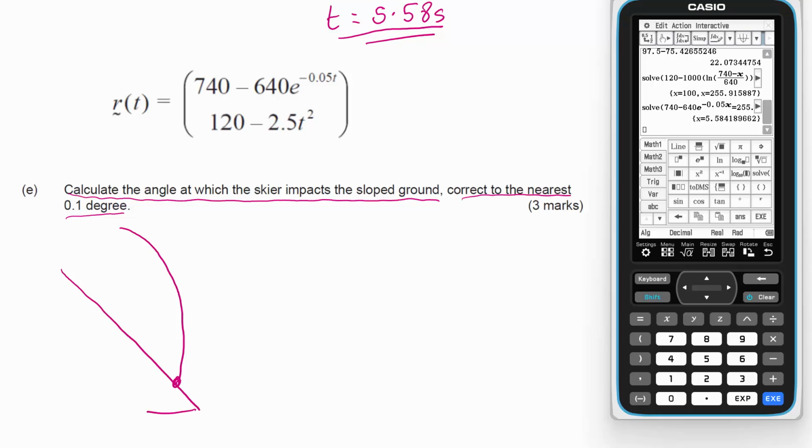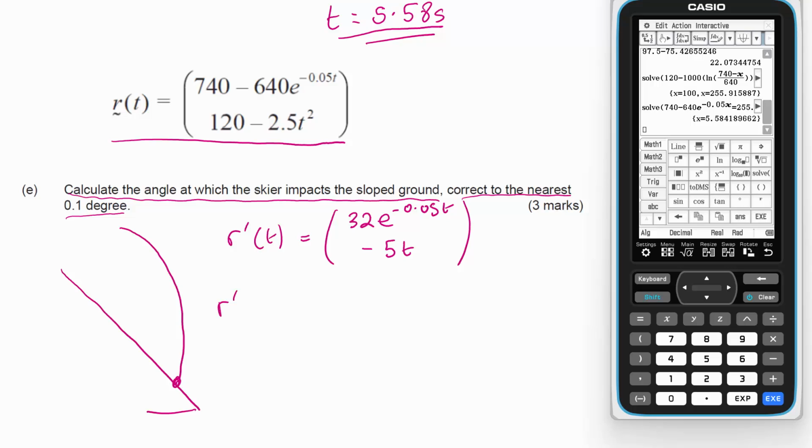So, if r of t is here, we know that r dashed of t is going to be, now we were already given the i component of that earlier on, so it's 32e to the negative 0.05t, and we've also established that we get negative 5t for this.